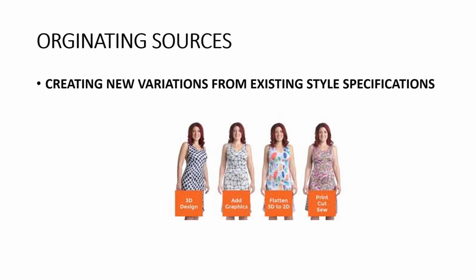So existing styles can be modified. Different styles are there in the market, and from this figure you can see that there are 4 different styles. They can be combined together, or variations can be made by the buyer, and new styles can be created out of this, and a specification sheet will be the end result.